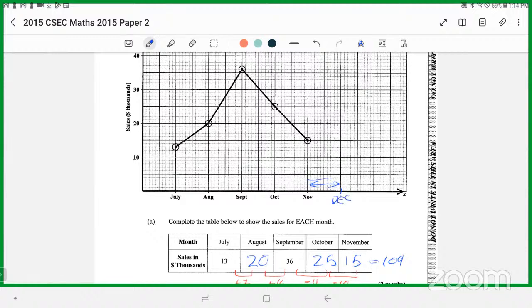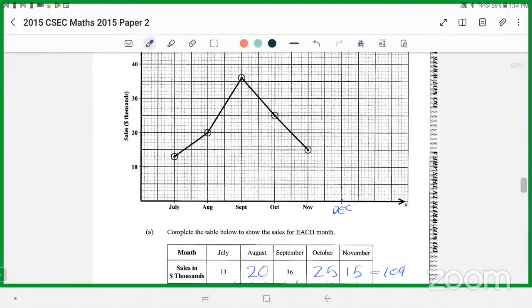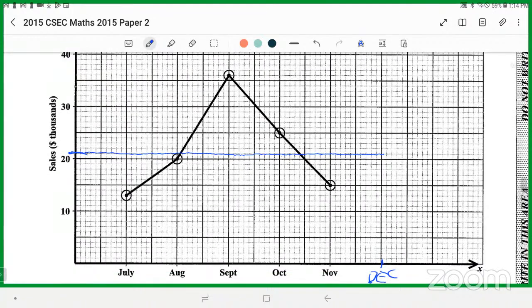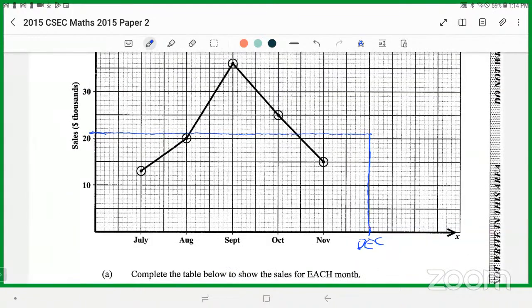And it's going up to 21. So 20 here, and this line is 21. This is December. The point that you want is right here. Join it with a straight line like that.